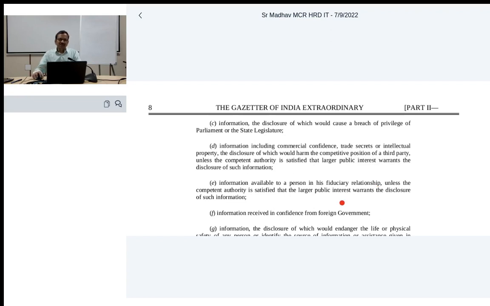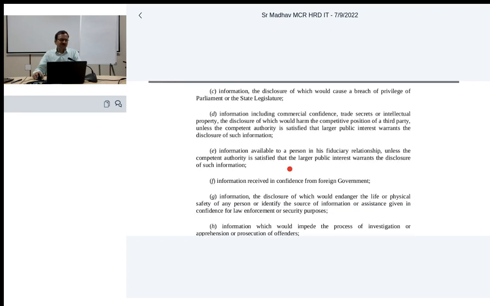And 8.1e is another interesting exemption, information available in a fiduciary relationship. Fiduciary is a Latin word that means trust, a relation based on trust. Examples can be a doctor-patient relationship, a lawyer-client relationship, a banker-customer relationship.